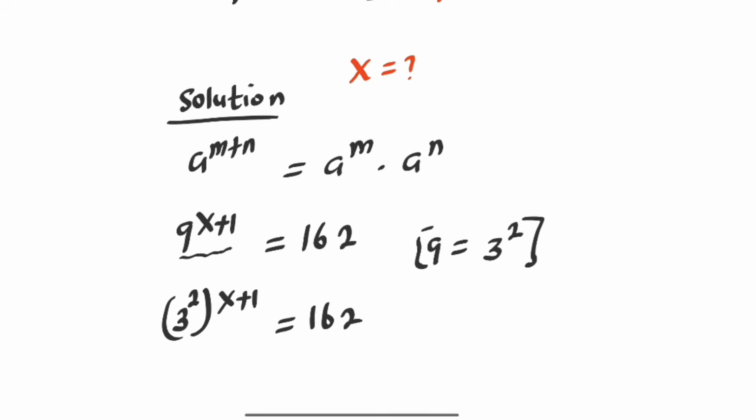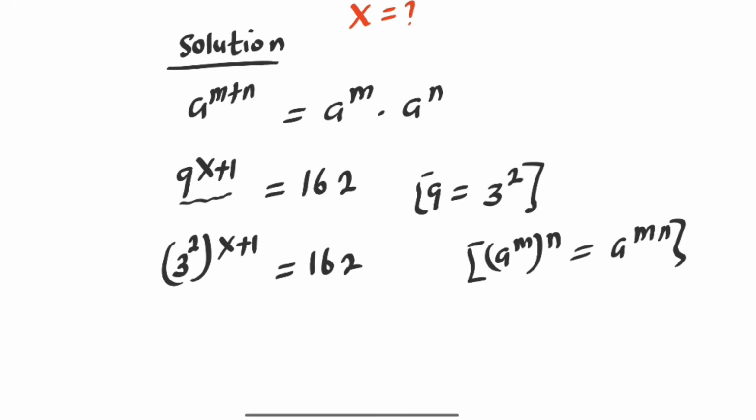Now take note of this, that if you have a raised to power m to the power of n, this is equal to a raised to power mn. Now this can be written as 3 raised to power 2 multiplied by x, 2x plus 2 multiplied by 1, 2 is equal to 162.